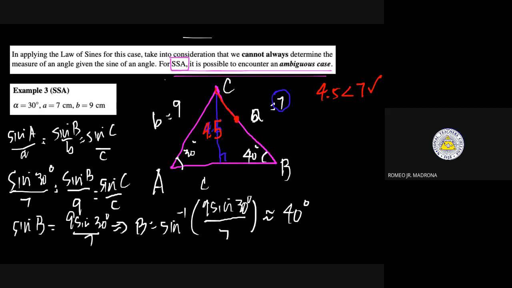So which means that if the length of a is less than 4.5, therefore, there's no such triangle existing. Okay? However, if a is equal to 4.5, equal siya sa height, therefore, right triangle siya.